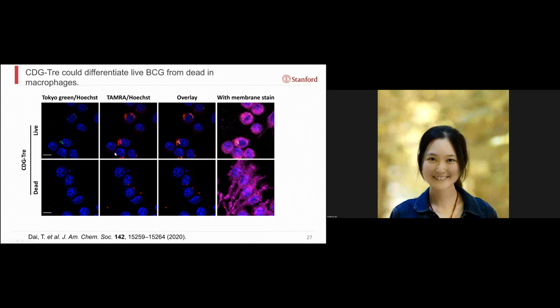But these bacteria can be non-specifically labeled by the antibodies to let you see that indeed there are bacteria, but they are not able to be labeled by our dye. So in conclusion, our dye was able to specifically label the live bacteria, not the dead ones.